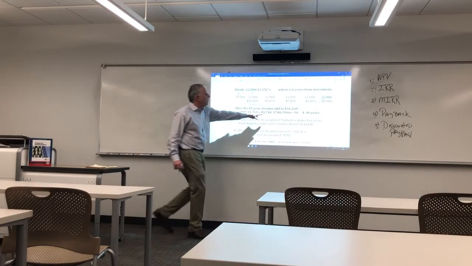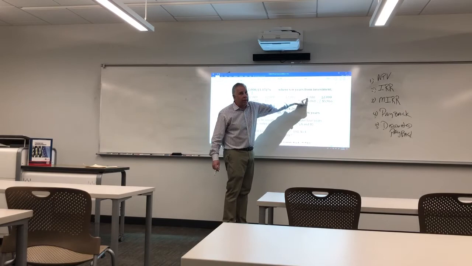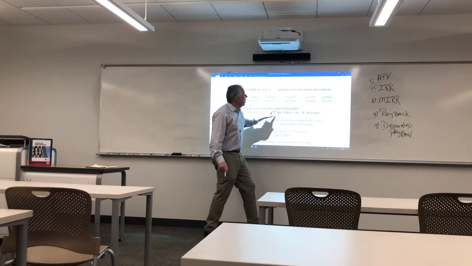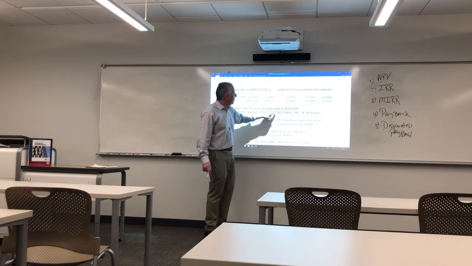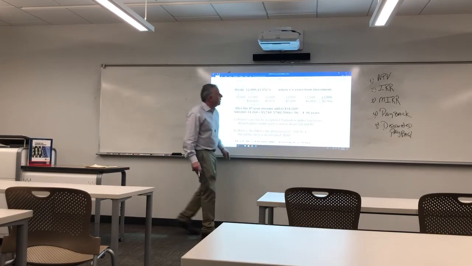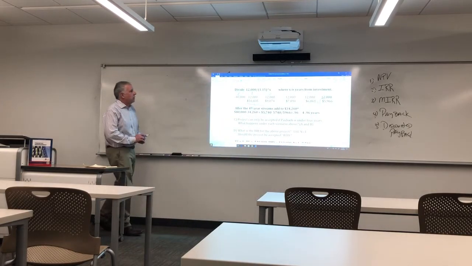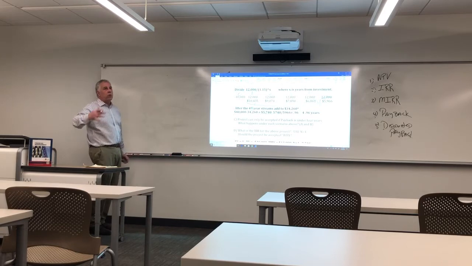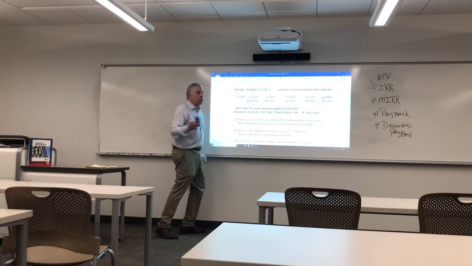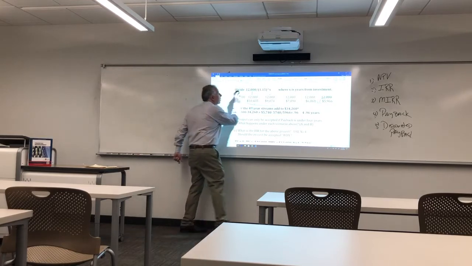Do not do 5,740 over the 12 grand like you did under the regular payback. Under regular payback, you use the 12 grand. Under the discounted one, the 5,740 is over the 5,966. If it was a 4-year, you wouldn't do it. If it was a 5-year, then you would. Questions, send them in.